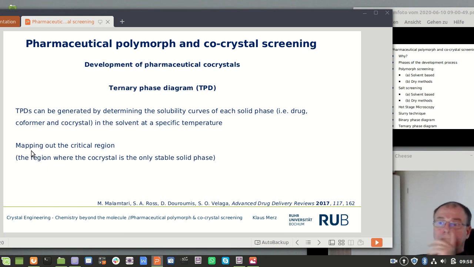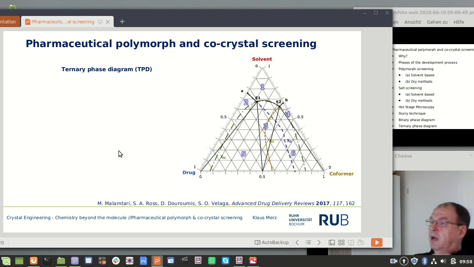It is interesting to map out the critical region, which region of a ratio of compound, co-former, and solvent is the critical region in which the co-crystal is formed. And this is a typical ternary phase diagram.